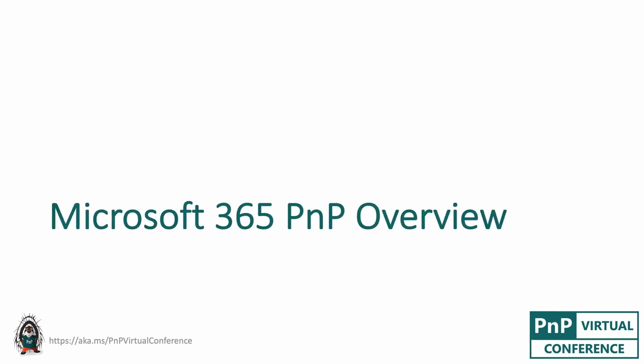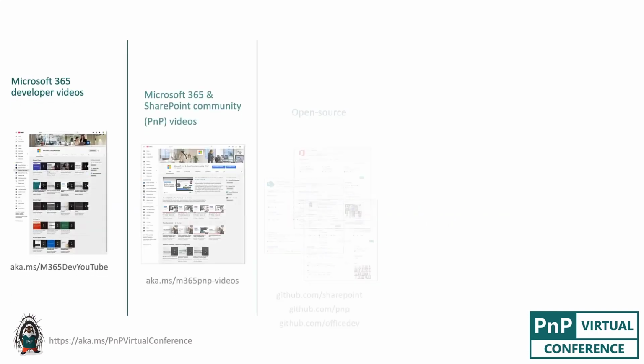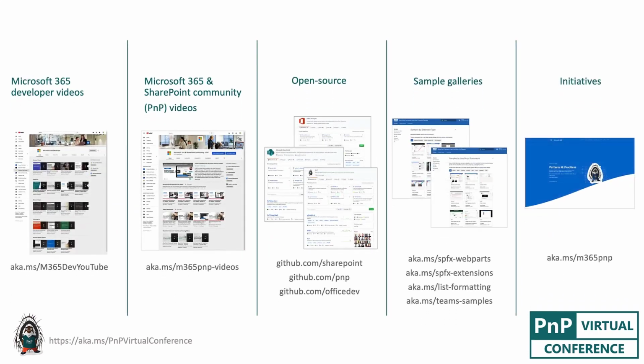And now let's overview the Microsoft 365 PnP initiative. Microsoft 365 PnP is an open source initiative coordinated by Microsoft 365 Engineering. It's a set of resources on top of Microsoft 365 to simplify the life of admins, developers, and users.